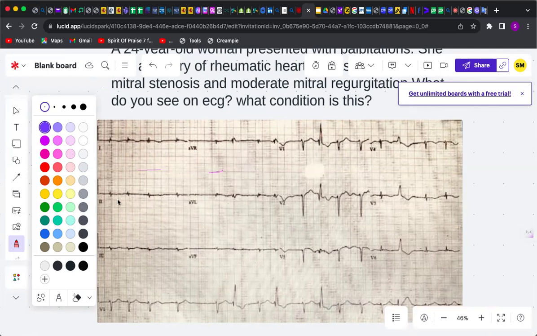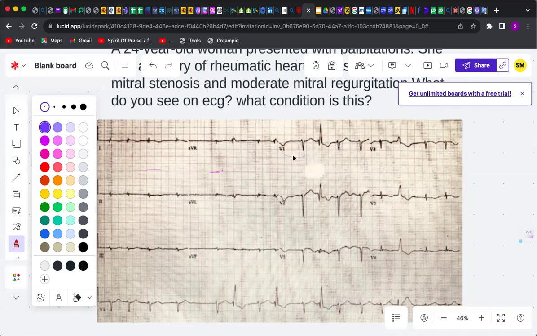Okay, so we said the Ashman phenomenon. Normally, you should have what? You should have a long-short or a short-long interval between the RR intervals.